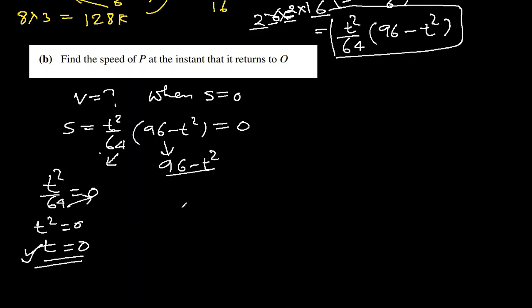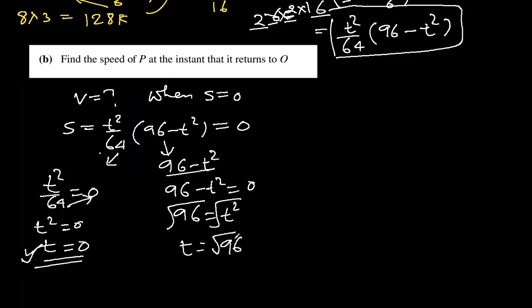This is what will give us a new answer. So 96 minus t square equal to 0. So 96 equal to t square, square root both sides. We can't have a negative time, so square root 96 is the time. And since they're not asking the time, let's keep it in exact form only.